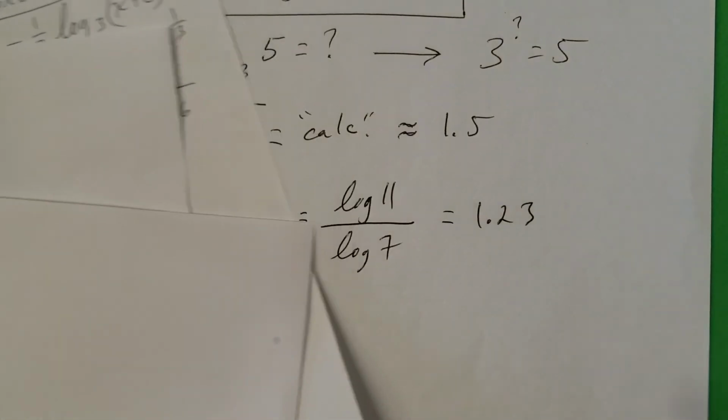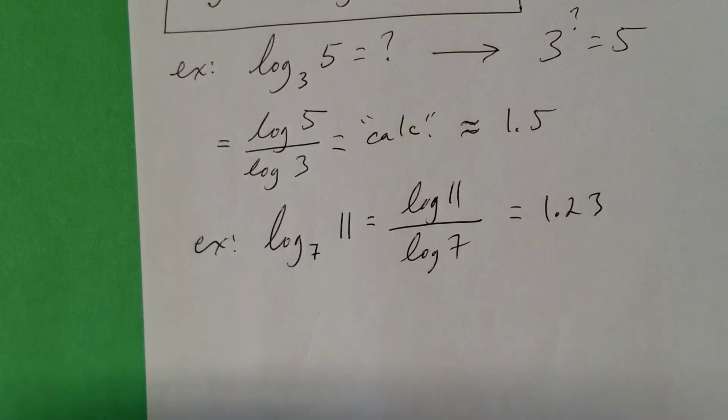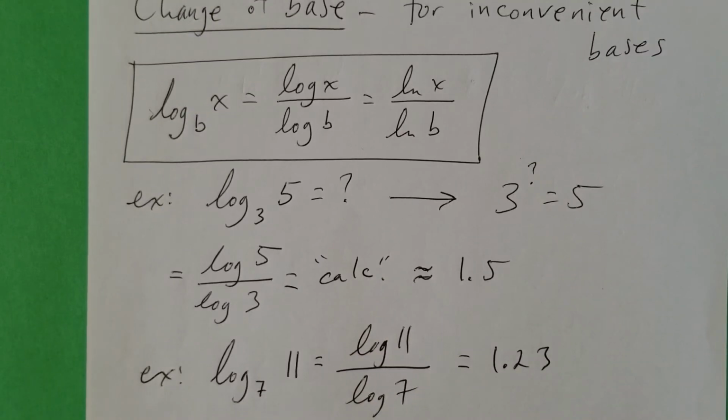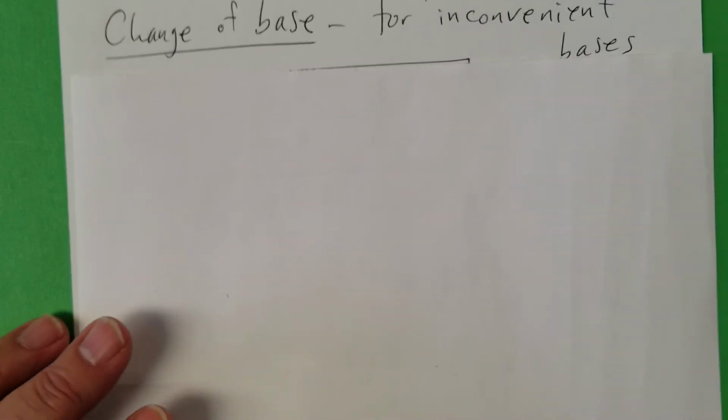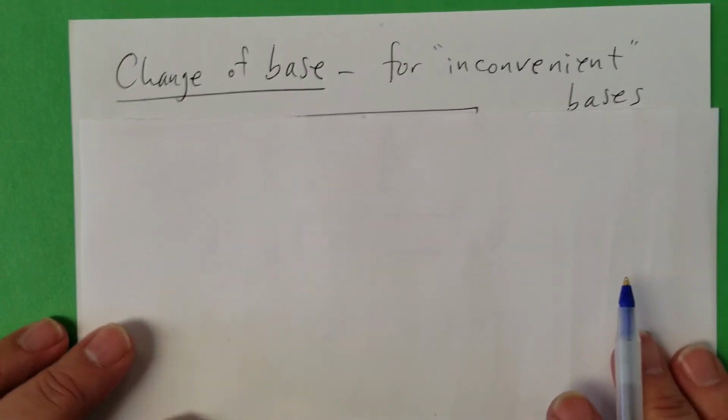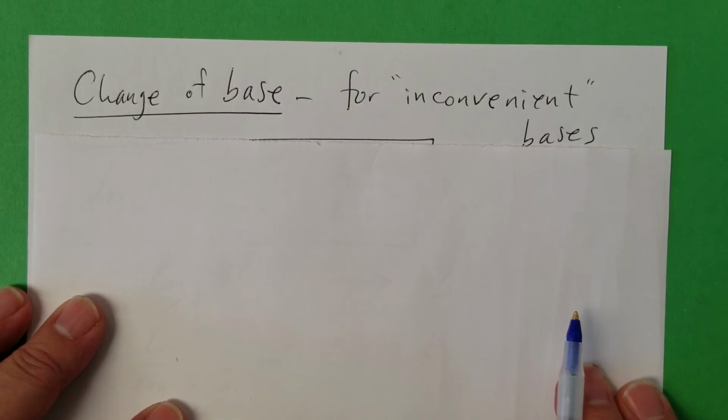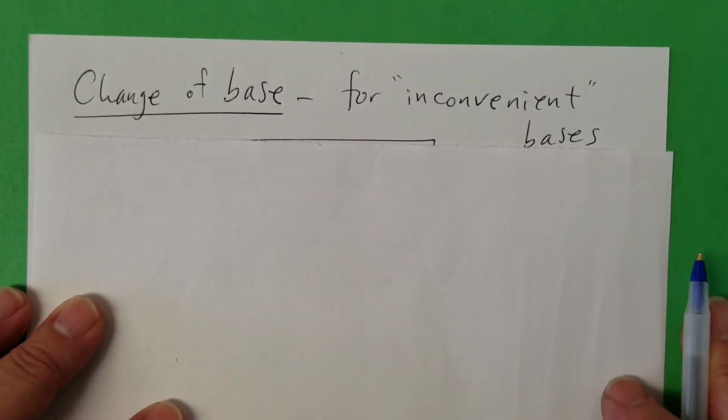The last thing I want to mention is, do you remember when we talked about how on the calculator, you can only work with base 10. So if you have some base that's not 10, you can't enter it in the calculator, right?